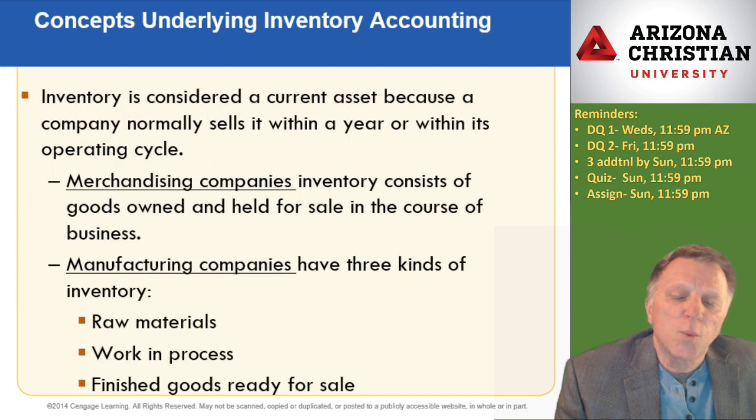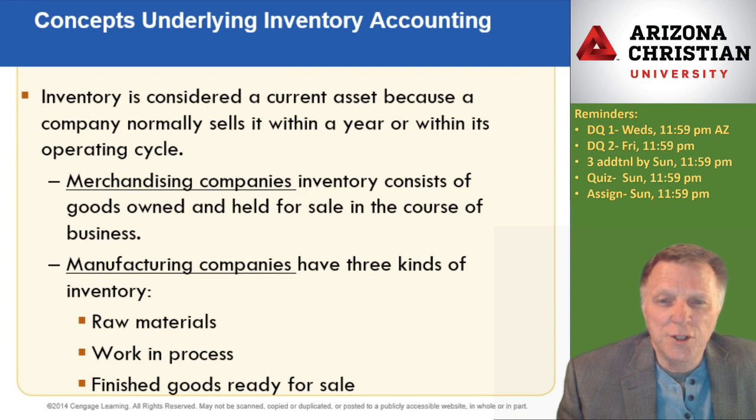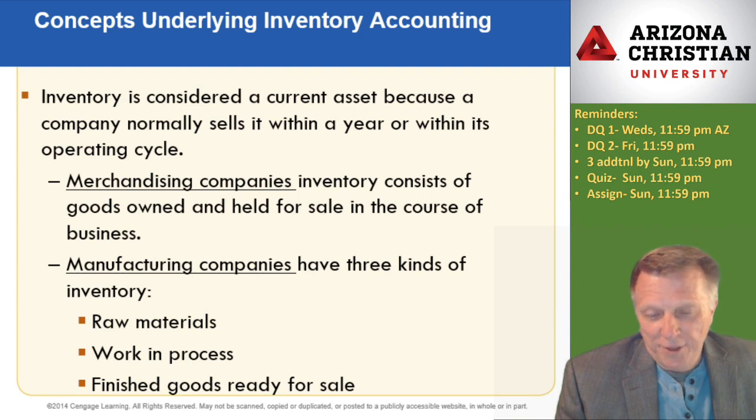Let's remind ourselves what inventory is. Inventory is considered a current asset because a company normally sells it within a year or so, inside of its operating cycle. So if you make it, say, in June, it's expected that you would sell it sometime by the following May. Remember, inventory on the shelf is like having cash bills on the shelf.